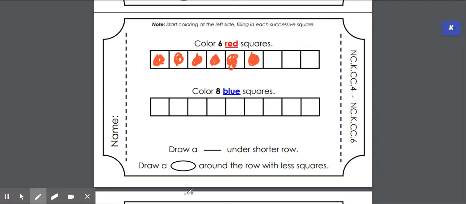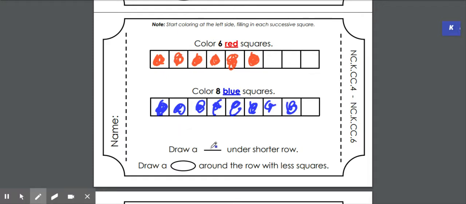So there, I've got 6 red. Then it wants me to color how many blue? 8. You're right. So now Miss Ingram's going to color 8 blue. There's 1, 2, 3, 4, 5, 6, 7, 8. All right, so we colored 6 squares red, 8 squares blue.